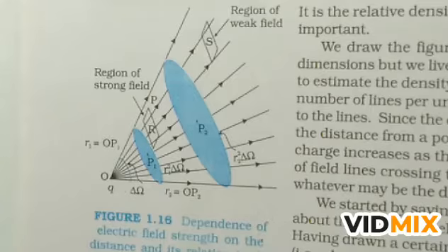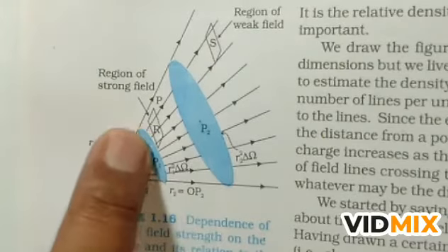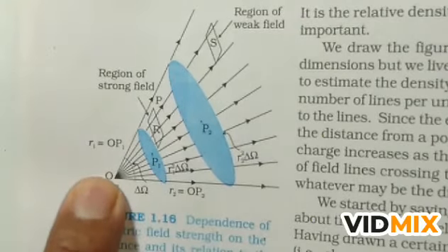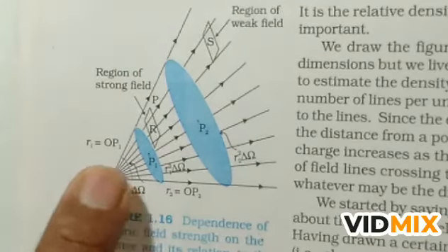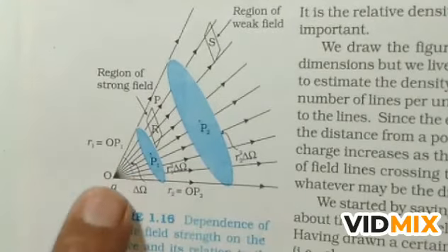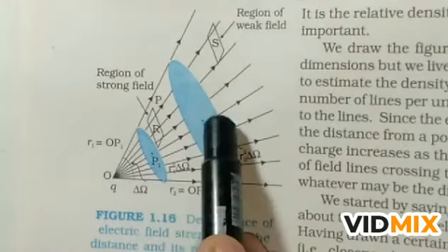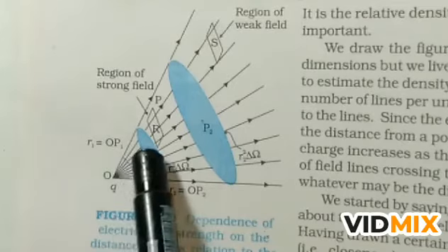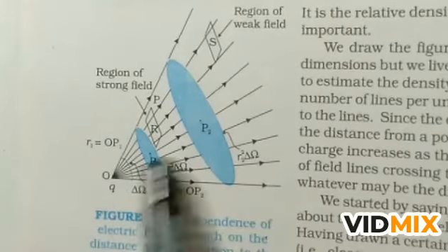So if you draw a sphere and part of the sphere makes a solid angle at O, P1 and P2 are points on the sphere at distances R1 and R2. Suppose the 2 points P1 and P2 are at distances R1 and R2 in this diagram. So R1 is equal to OP1 and R2 is equal to OP2.